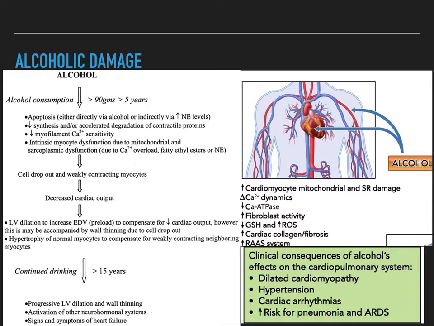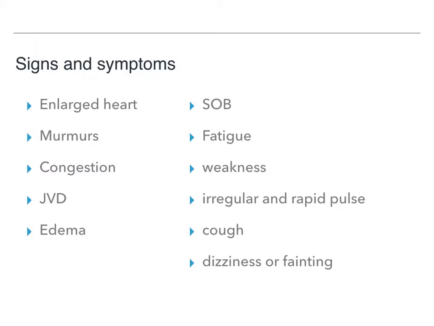Now, what are the signs and symptoms that a patient with alcoholic cardiomyopathy would show? These are the common symptoms that we see in heart failure patients. An enlarged heart, for the fact that you have that fluid overload. Murmurs, and some patients will present with murmurs because of the remodeling of the heart, and sometimes even the tendons that hold the valves.